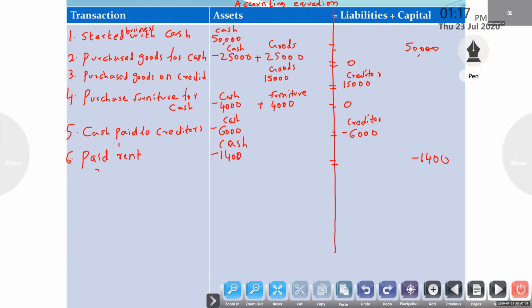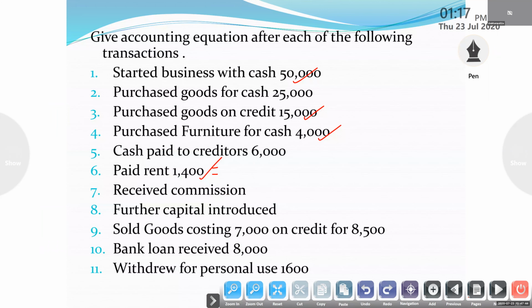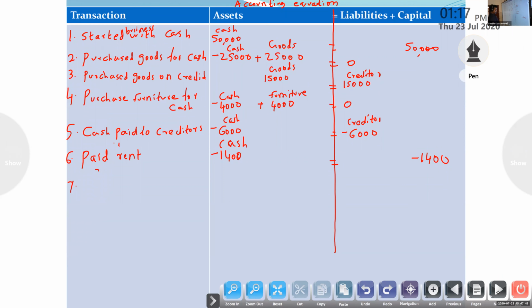So next, seventh one, received commission.